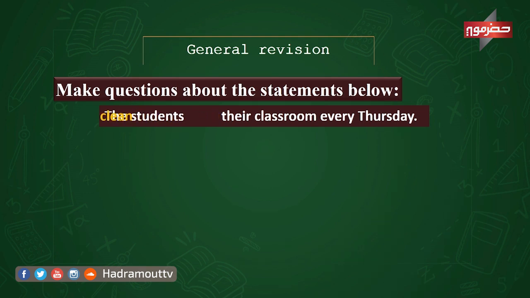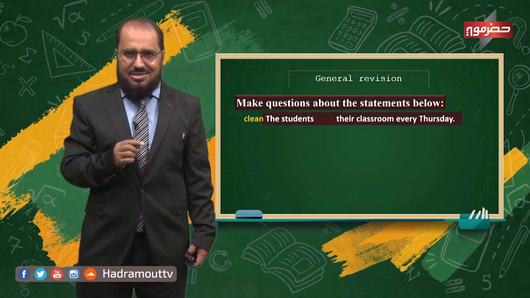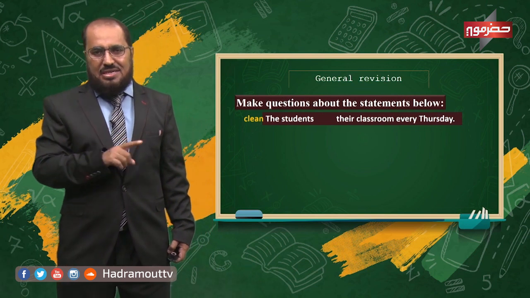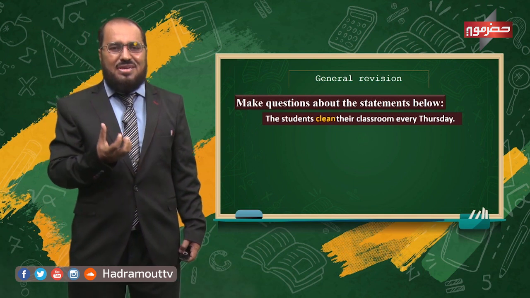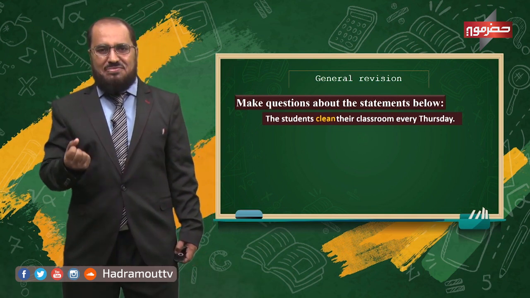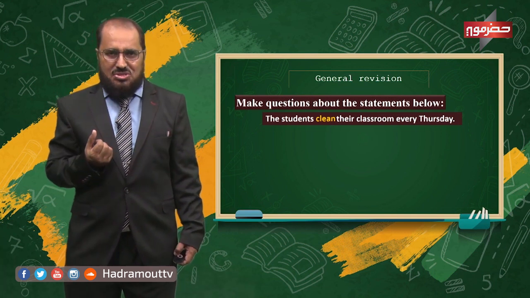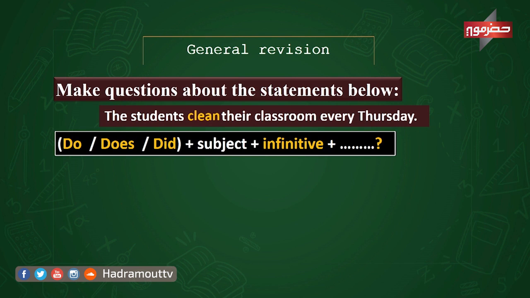And make a question? لا تصاغ الأسئلة بالأفعال الحقيقية. تصاغ بالأفعال المساعدة. إذا نعيد الفعل إلى مكانه ونبحث عن فعل مساعد لصياغة السؤال. Let's look for a helping verb for forming a question or for building up a question. Oh, yes, the verb do. Don't forget. Do, does, did, plus subject, plus the infinitive, then question mark.